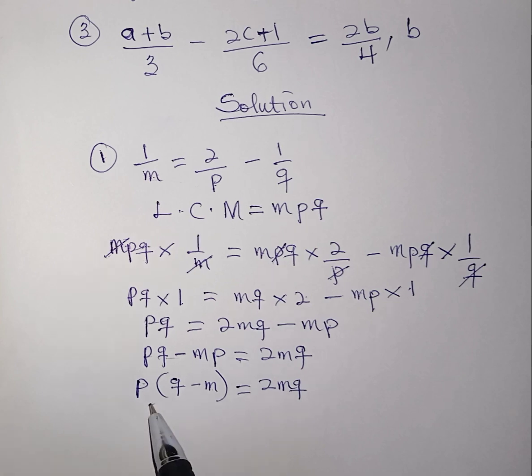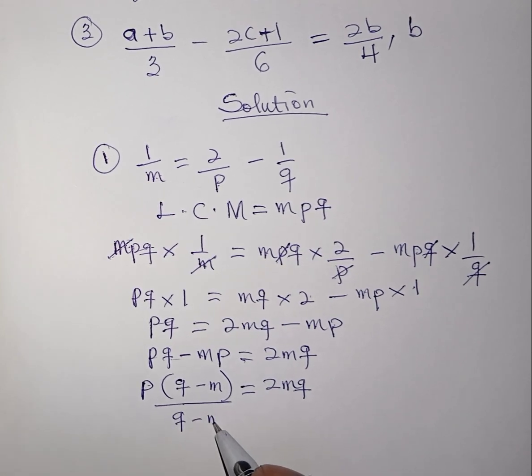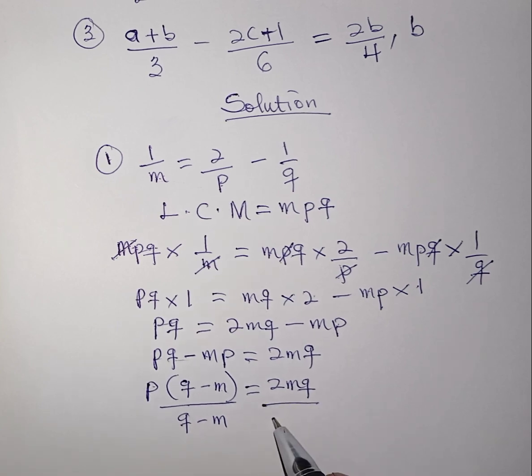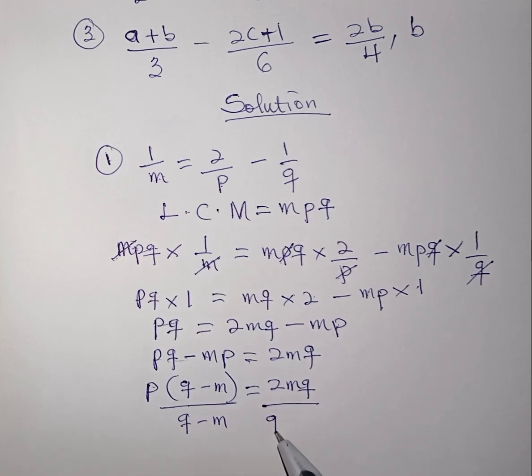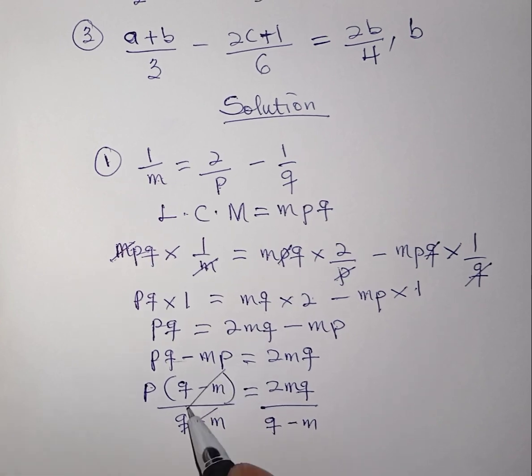Then as for this, you maintain it as it is. Then you need to divide both sides by Q minus M. Why am I dividing both sides? Because we are making P the subject. We want the P to stand alone. That is why we need to divide both sides by Q minus M, so that this one will go.